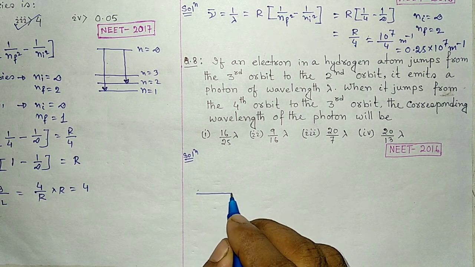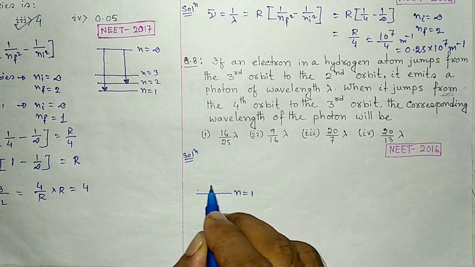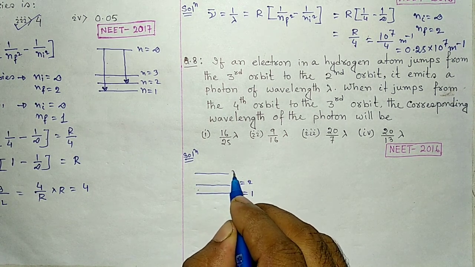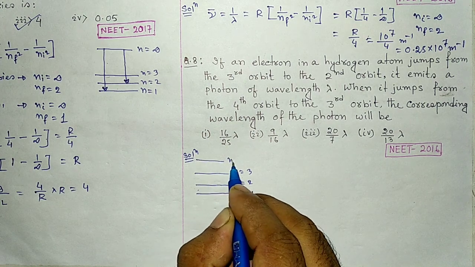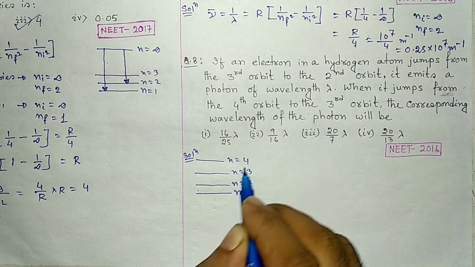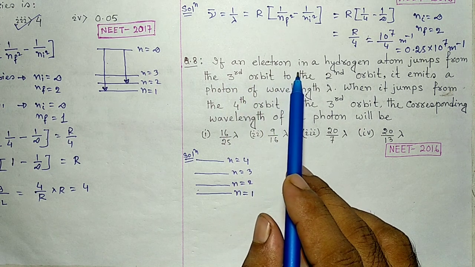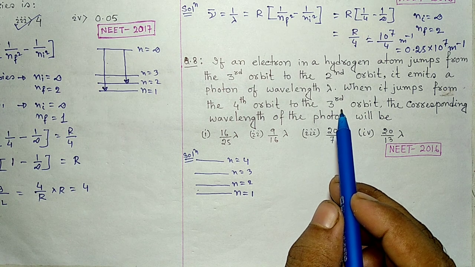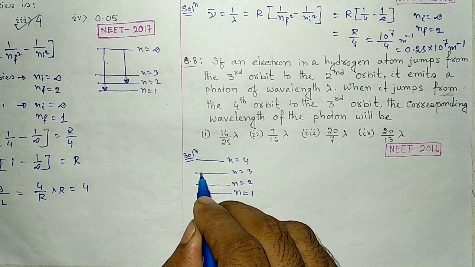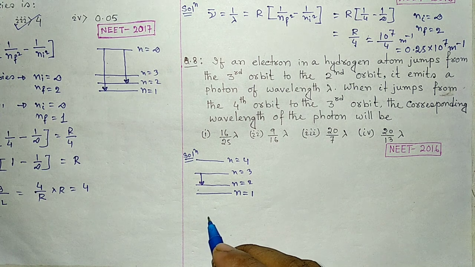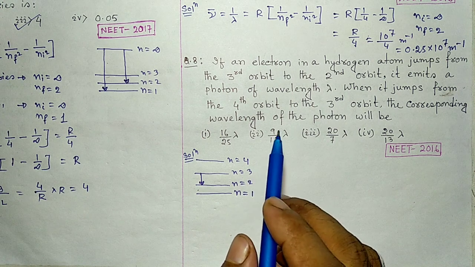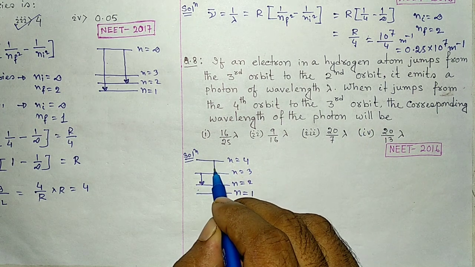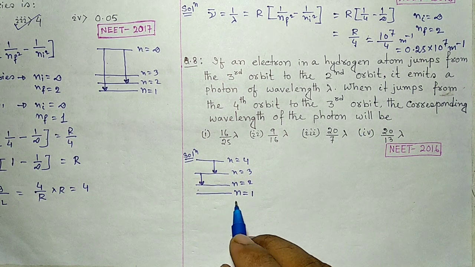This is n is equals to 1, this is n is equals to 2, this is n equals to 3, this is n is equals to 4. The first case is third to the second orbit, and the second case is when it jumps from the fourth orbit to the third orbit.